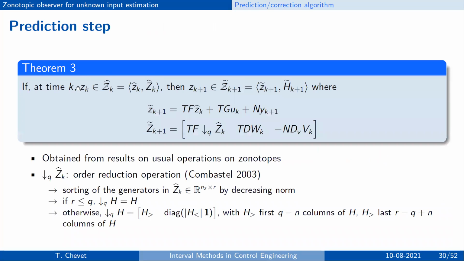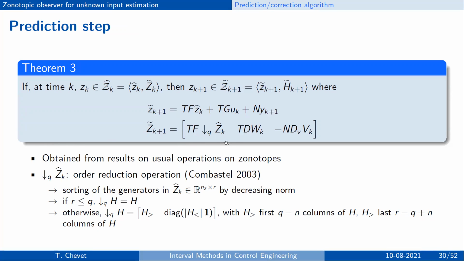If the descriptor vector is contained in this zonotope at time k, then at time k plus 1 it will be contained in the predicted zonotope with this center and this generator matrix, both being obtained with the results on classical operations on zonotopes.